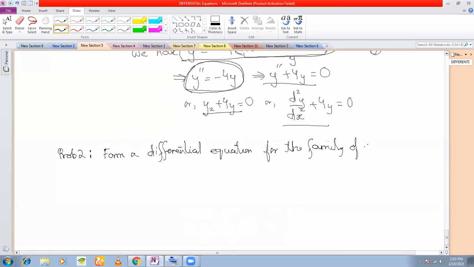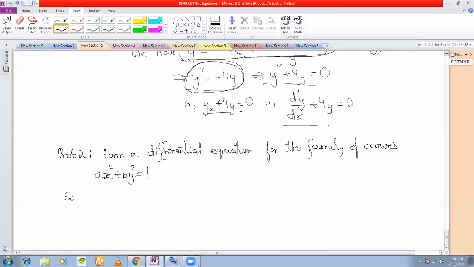Don't get confused with the language, okay? Family of curves and all that, these languages are given only to confuse you. Focus on x and y. Form a differential equation of the family of curves, this.